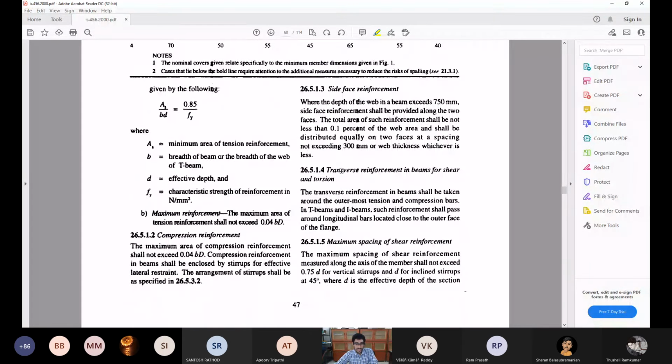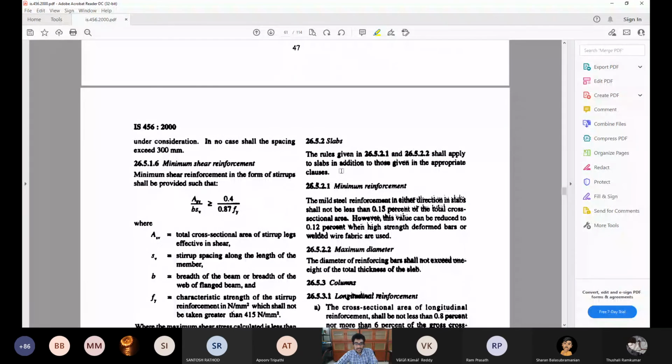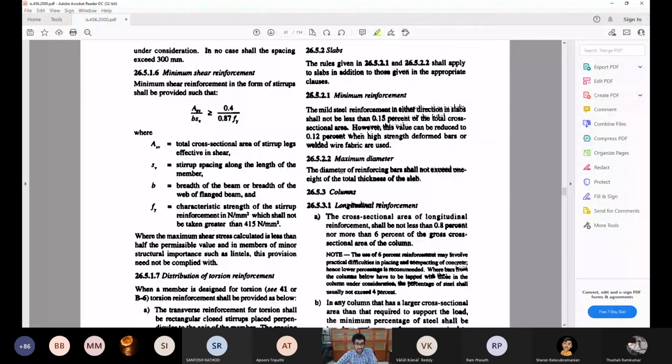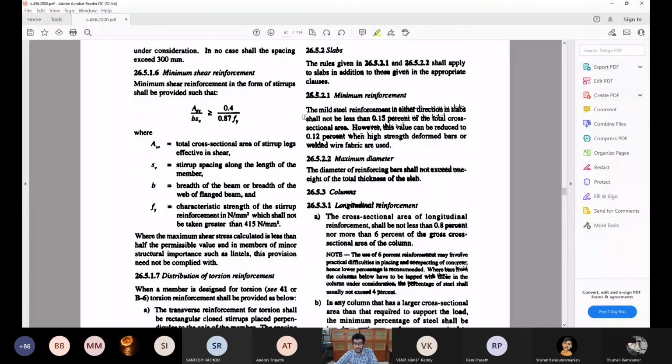Beams. Yeah, so slabs, minimum reinforcement, the detail is given here. This is what I was searching for.